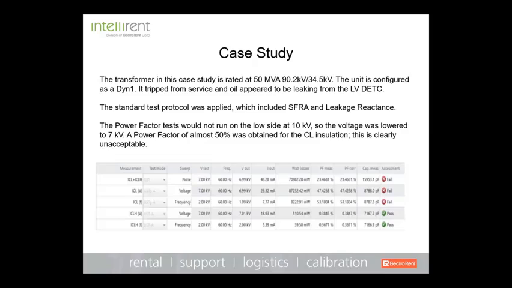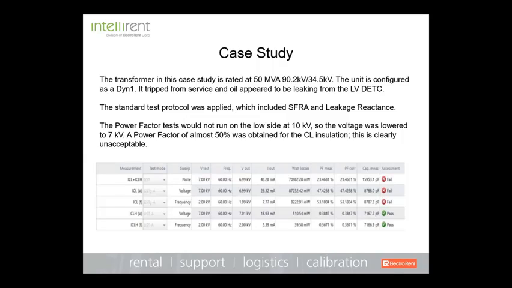Okay, so this is also pretty interesting. In this case study, again, 50 MVA transformer, configured delta-Y, DY1, tripped from service. The other telltale was that oil appeared to be leaking from the low voltage de-energized tap changer.